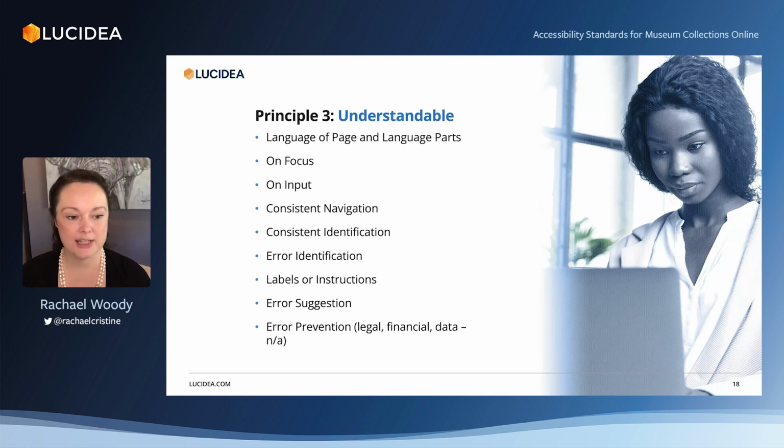And then for us thinking about consistent navigation, so making things understandable in this area when we think of navigation, Collections Online should be consistent throughout, so predictable in terms of being able to navigate what we're expecting to see and where. When published by a proprietary collections management system, this is usually not an issue.